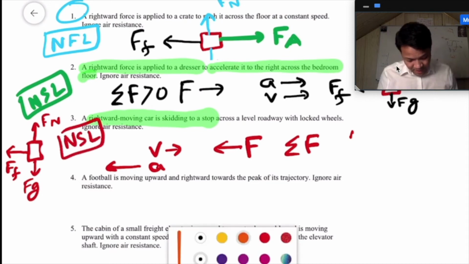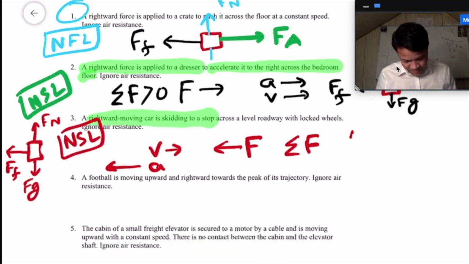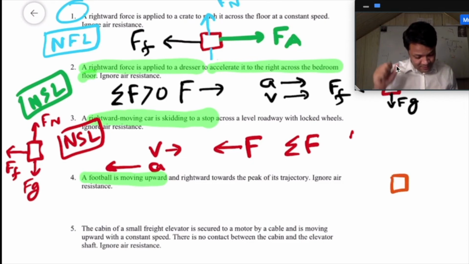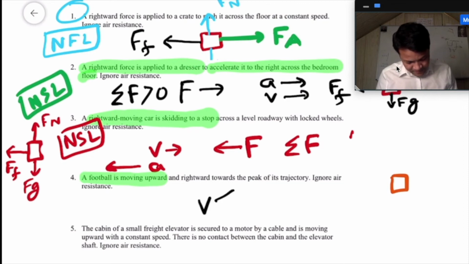A football is moving upward. Okay, what does that mean? That means we have to draw a football. Good. And rightward toward the peak of the trajectory. Ignore air resistance. So we have to draw. First, check the velocity. Velocity is in this direction, upward and rightward.